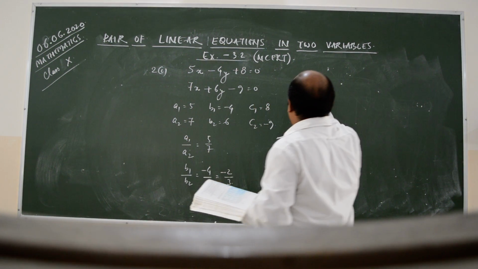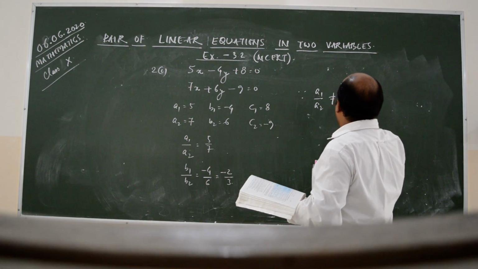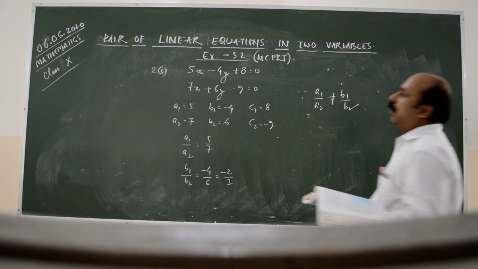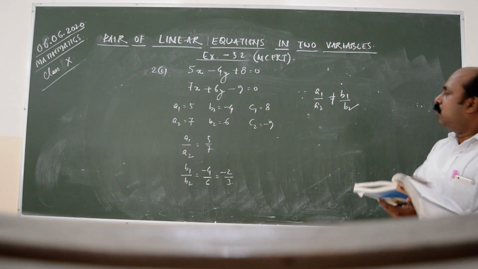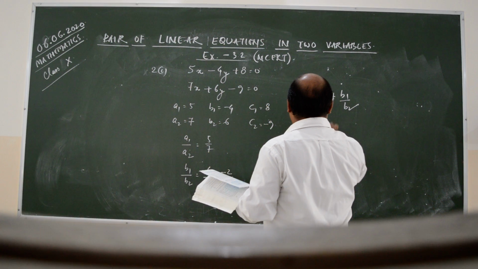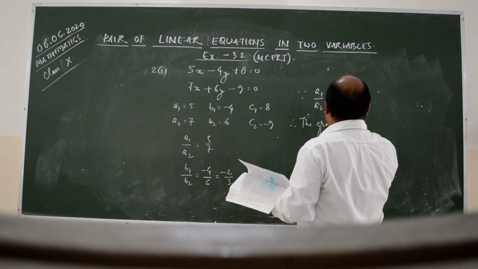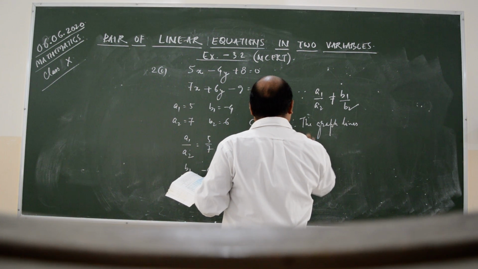Since A1 by A2 is not equal to B1 by B2, it means the pair of linear equation will have unique solution. So you have to write, therefore the graph lines intersect at a point.